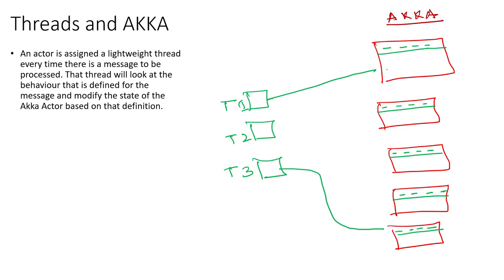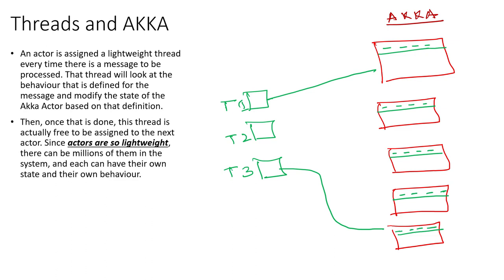T1 is handling the first Akka object, and T3 is handling the fifth Akka object. Then once that is done, the thread is free to be assigned to the next actor. Since actors are so lightweight, there can be millions of them in the system, and each can have its own state and its own behavior.